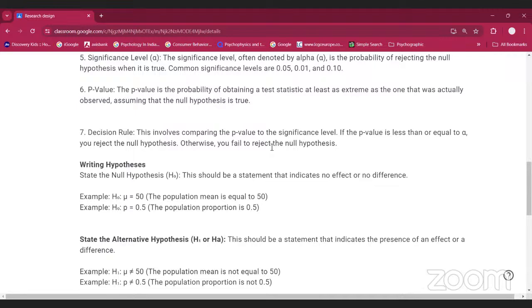Example, H naught: mu equal to 50. The population mean is equal to 50. Example, H naught: p is equal to 0.5. The population proportion is 0.5. So this is the null hypothesis writing.